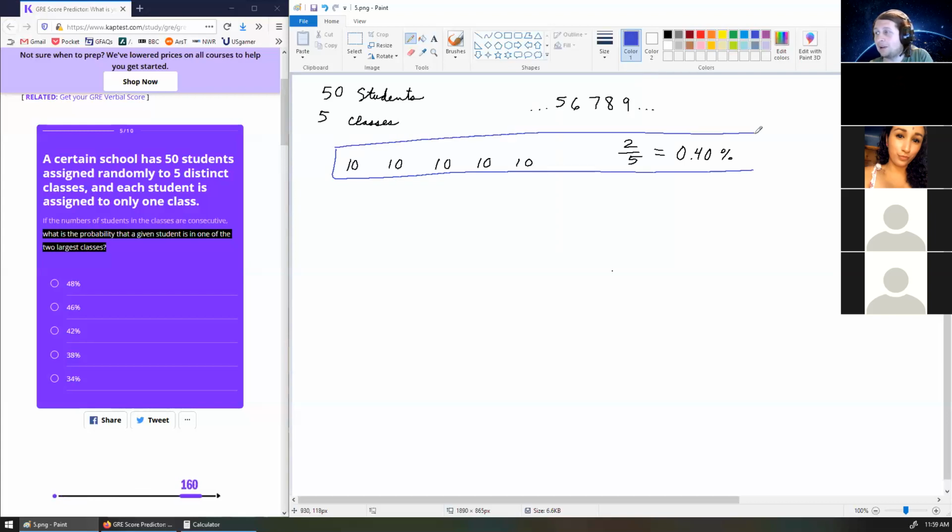It's the right thought process, but it's wrong because of this consecutive bit. Because it says the number of students in the classes is consecutive, and again, this must be some sort of private math school because no one would do that. It's like, oh, the number of students in all of our classes are equal to the numbers in the Fibonacci sequence. It's like, no, what are you doing?